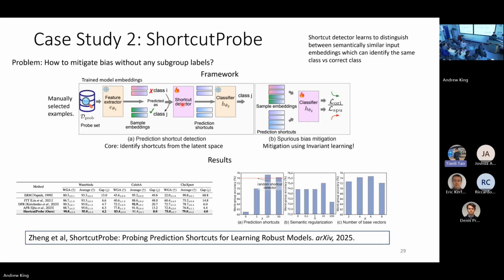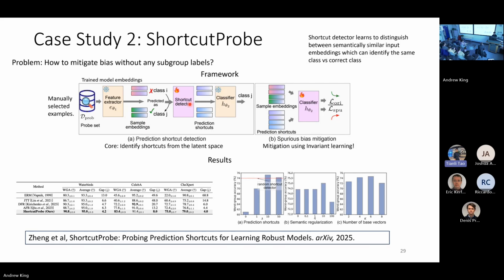We use this shortcut detector and get the low rank subspace output. We pass this projected embedding again to the same classifier we had. This h of theta 2 is the classifier head, and we should still get waterbird as the prediction. So what we are learning is, from this projection, can we get the shortcut relevant features from the latent space?